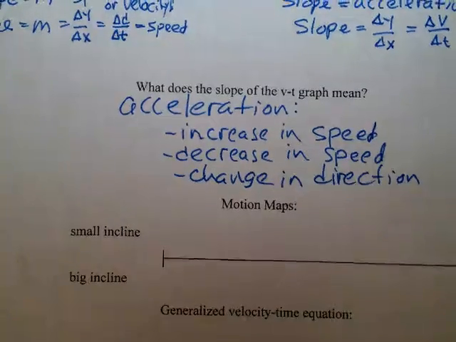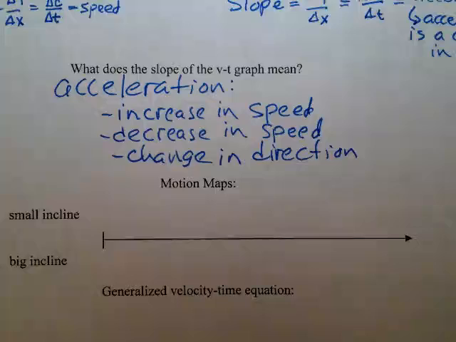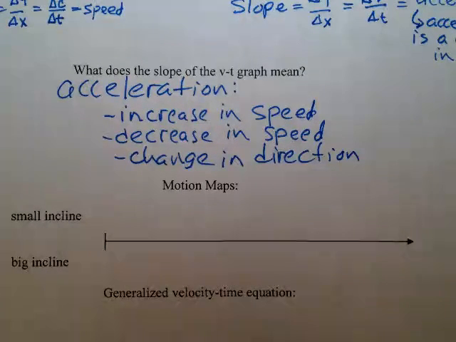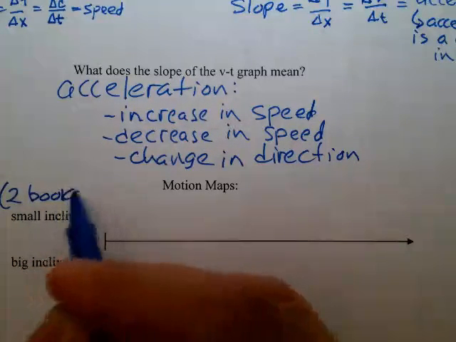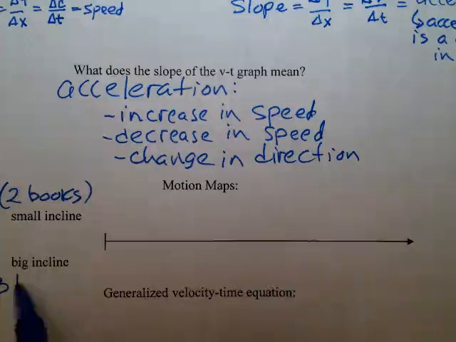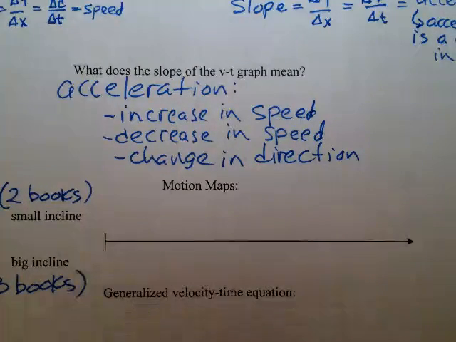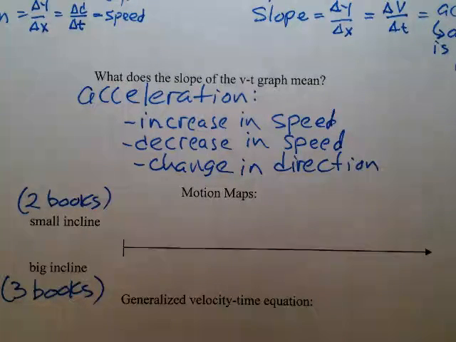Now, we're getting near the end, and I want to convert these ideas we've been talking about into motion maps. So let's go back again to talking about the ramp with 2 books holding it up, the small incline, and the ramp with 3 books holding it up, the big incline, just to remind ourselves. And let's think about what this will look like.